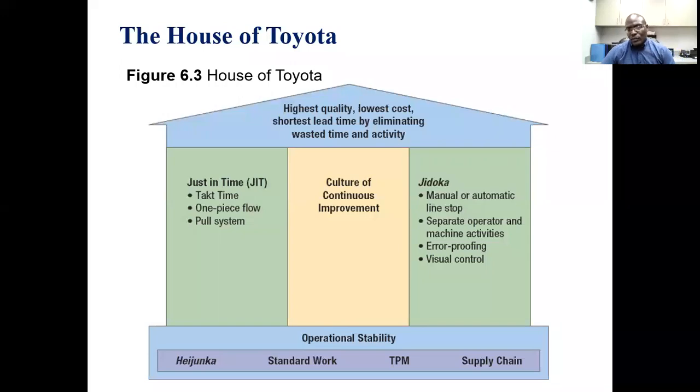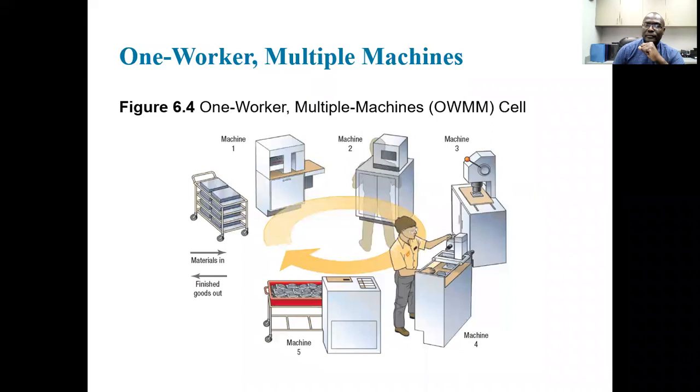So that's the House of Toyota, and it's a good representation because it's a very simplistic diagram, but it's very transferable across different industries and corporations, and most companies can make sense of this and incorporate something similar to make for a pretty decent lean manufacturing system.